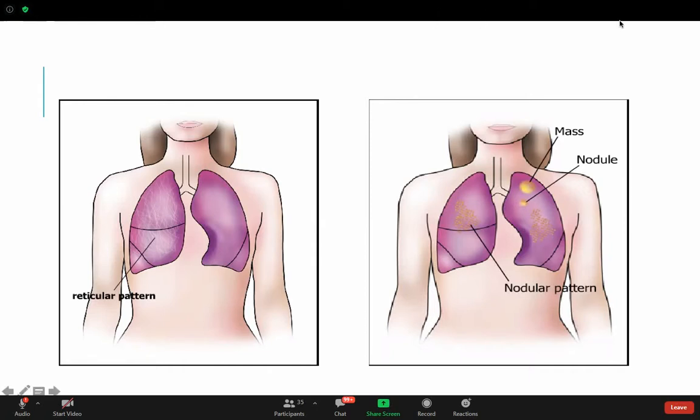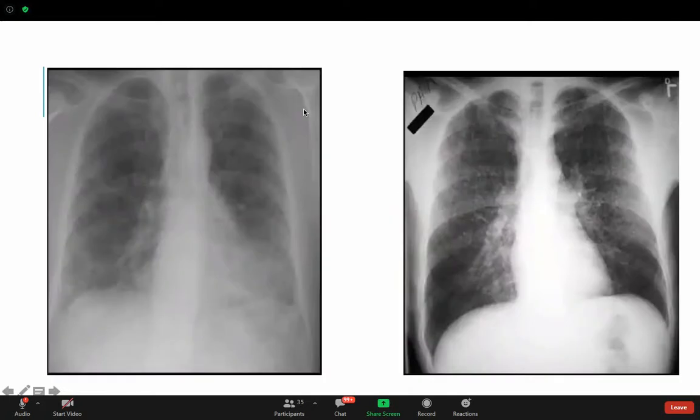Okay. So what do you guys think about this X-ray? What is the pattern? The one on the left of the screen. Is this reticular?